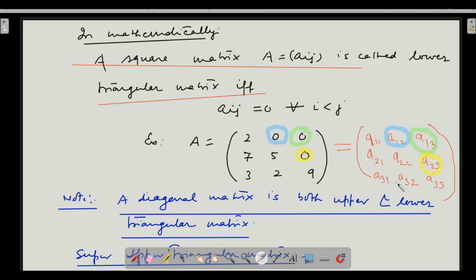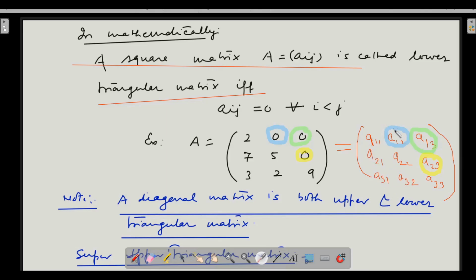Over here i is greater than j, and at the diagonal elements i is equal to j. For this area i is smaller than j, and for this area i is greater than j.